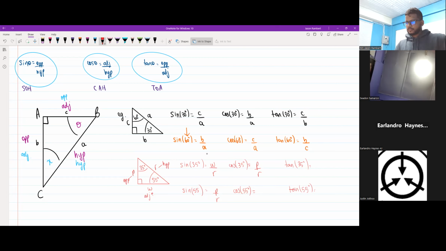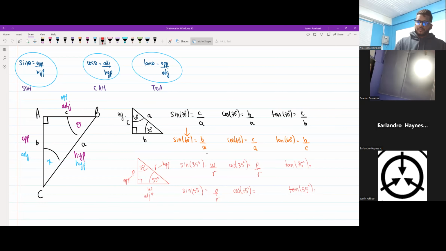What's the adjacent and what's the hypotenuse if I'm using cosine 55? P over R. You sure? W. Read this for me aloud. Cosine theta equals adjacent over hypotenuse.